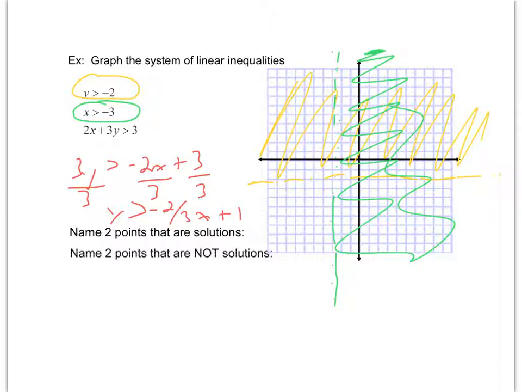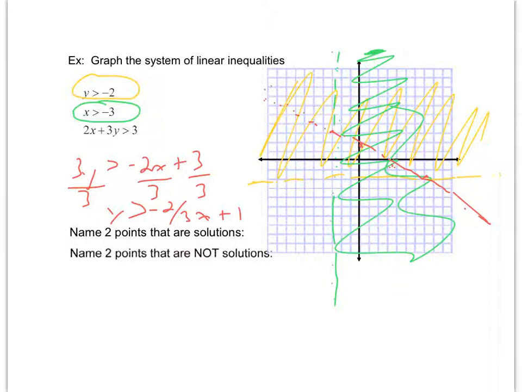So I have a y-intercept of 1, a dotted line with slope -2/3, so here-ish, here, I have a dotted line, and it's everything above that line.